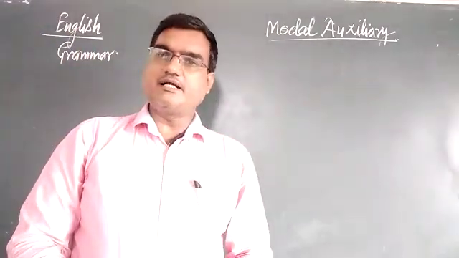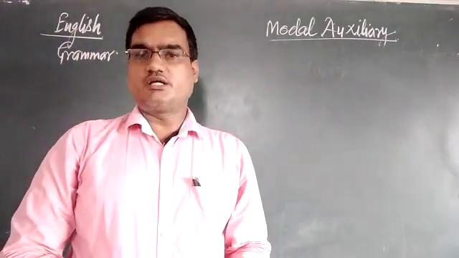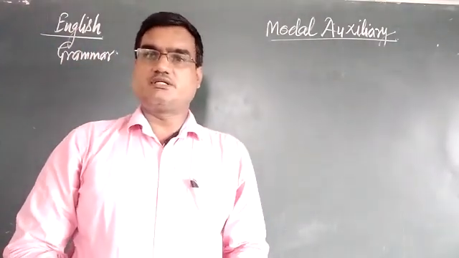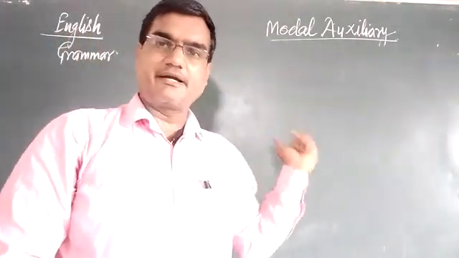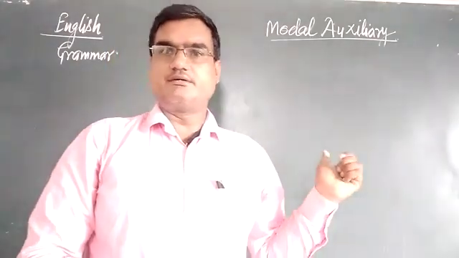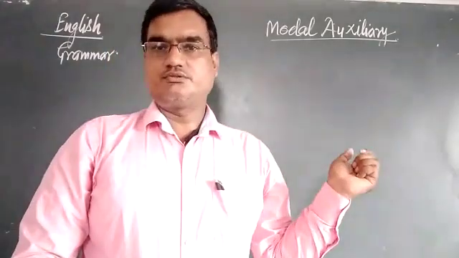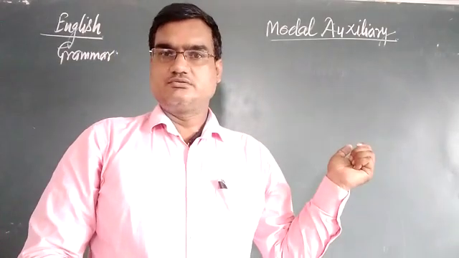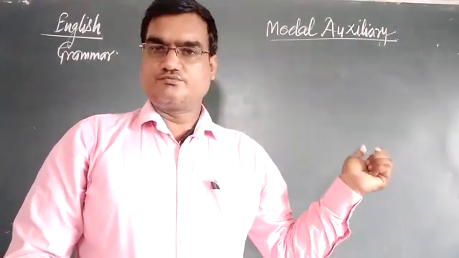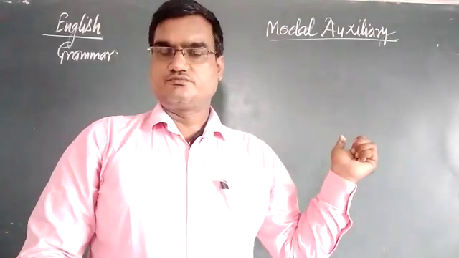There are 10 types of modal auxiliary: can, could, where could is the past form of can; may, might, must, ought, will, shall. Will, past form would. Shall, past form should.